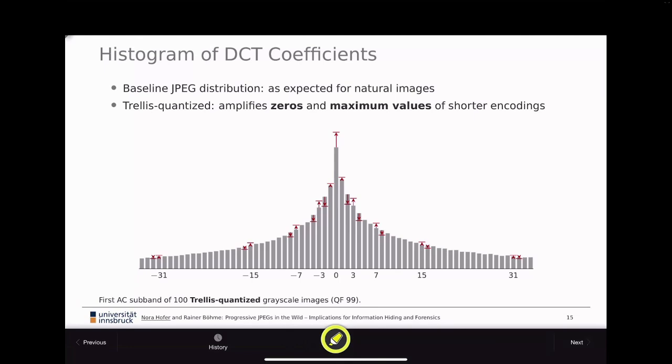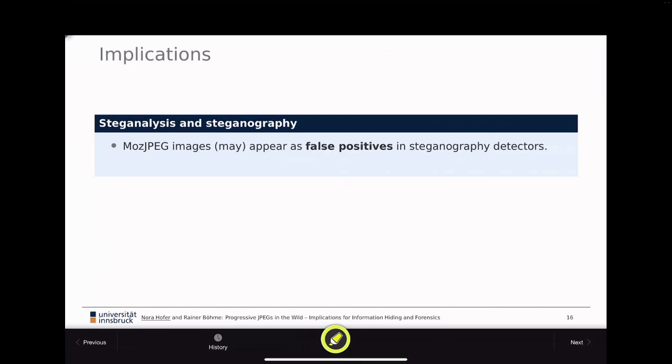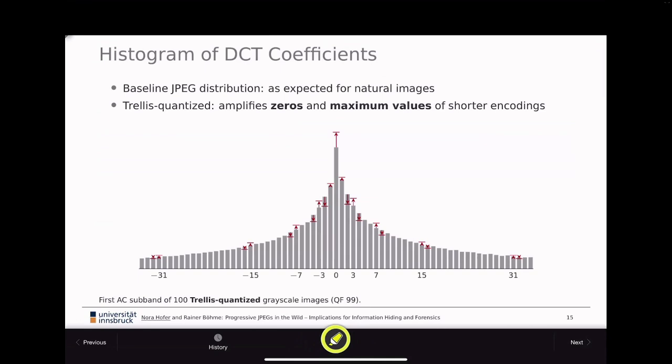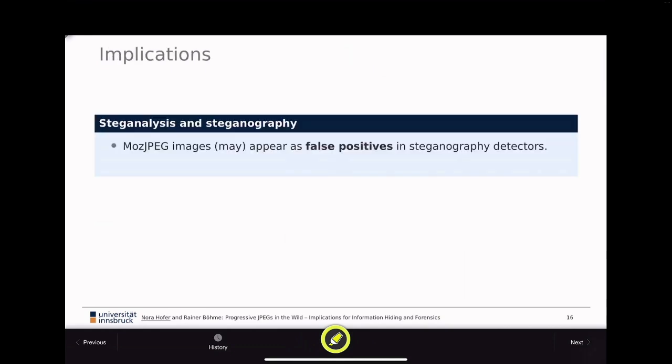On the one hand, these trellis artifacts resemble the changes that are introduced by known steganographic embedding methods, and a detector that is unaware of MOS-JPEG images might classify them as false positives. On the other hand, a steganographer might mimic the MOS-JPEG artifacts in order to fool a detector that is aware of MOS-JPEG artifacts. So we have implications there.